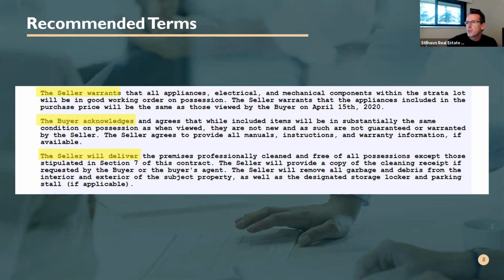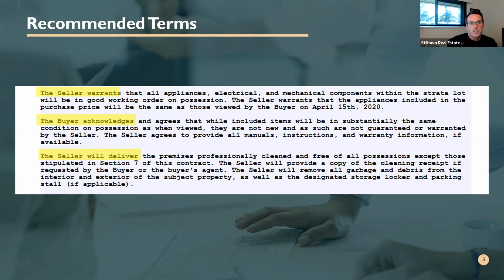Does this clause contradict the clause before? Which clause, Rob? Maybe you want to unmute and ask? Yeah, one says warrants will be in, the one before says the seller warrants that all appliances will be in good working order. Good working order, but that doesn't mean perfect. And so this is just that they will be in the same condition on possession as when viewed, right? So let's say, for example, you didn't have the one before.